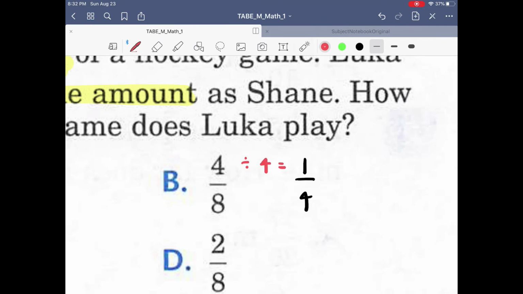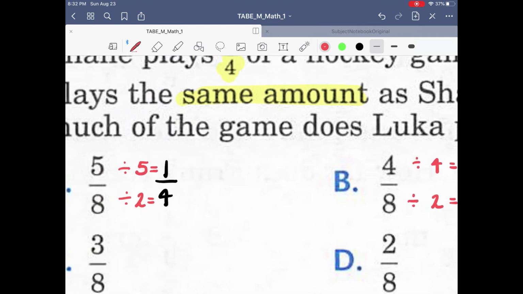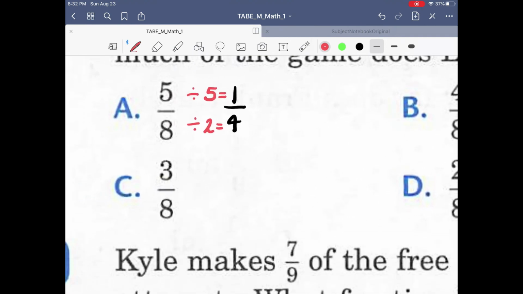1/4, I can get the top to work and the bottom, but they're not the same division problem. This one, I can get the bottom to work, but not the top. Well, actually, I can get the top.